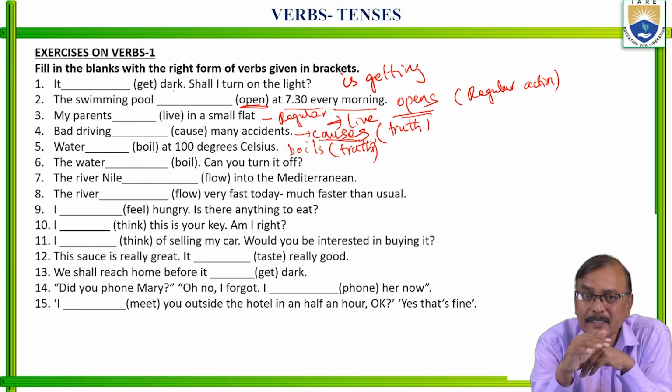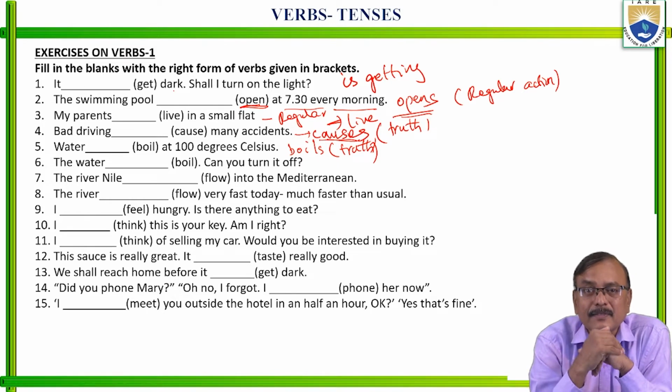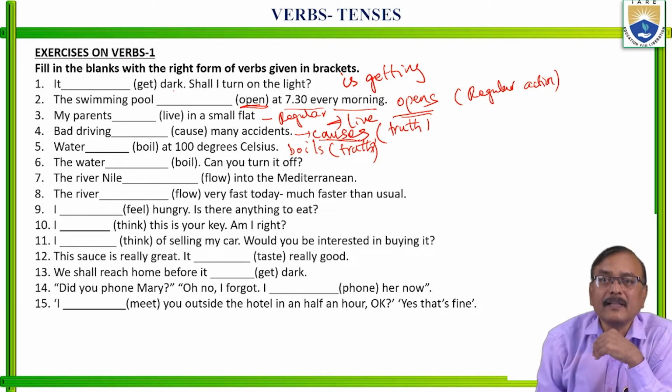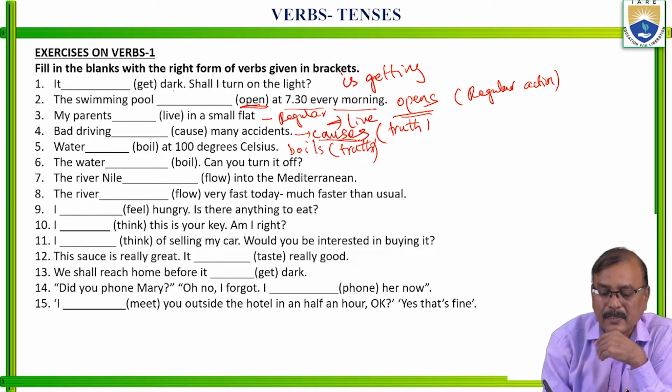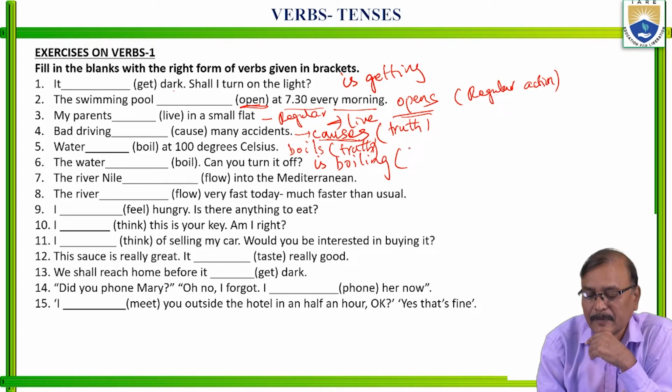No. It is going on. When you observe that, the action is going on. So, the water is boiling. Can you turn it off? Water is boiling. It is continuing at present.